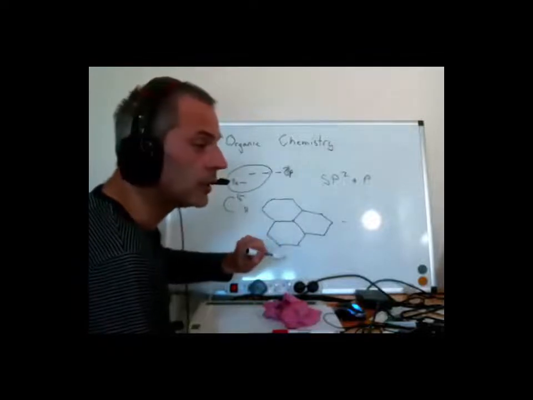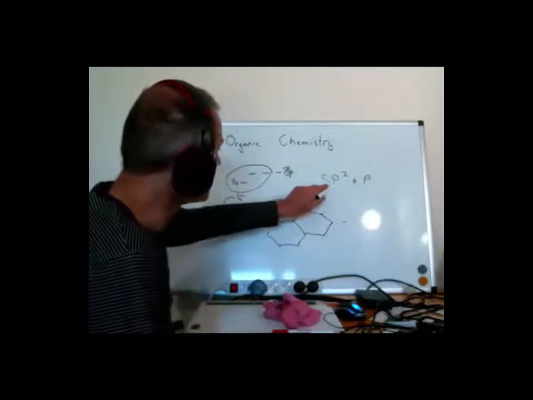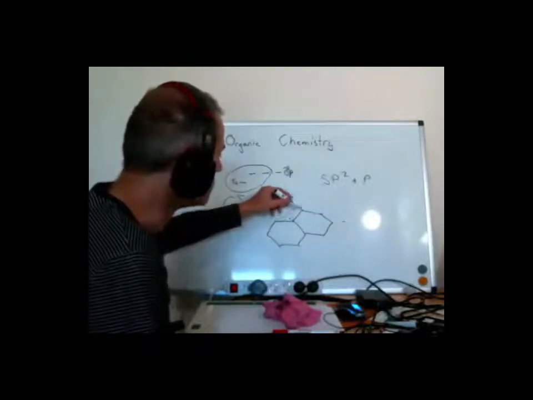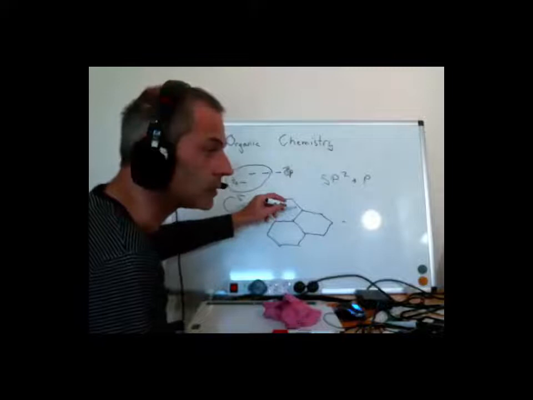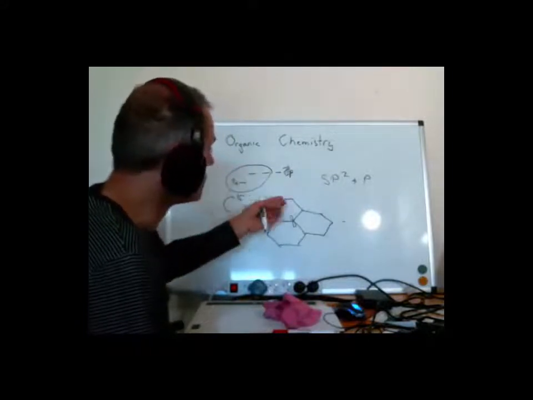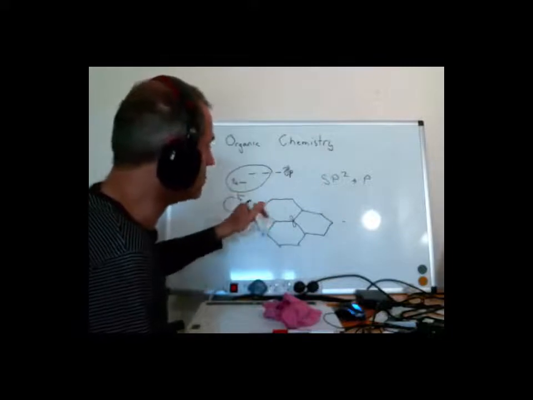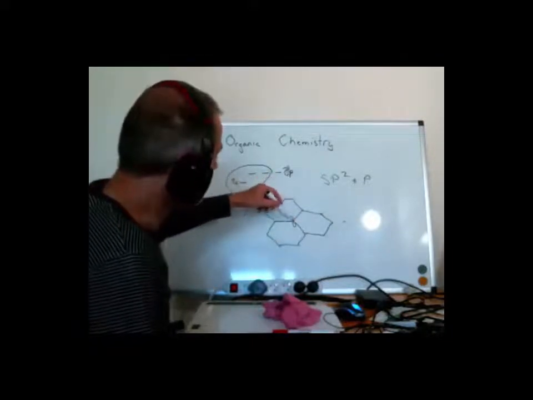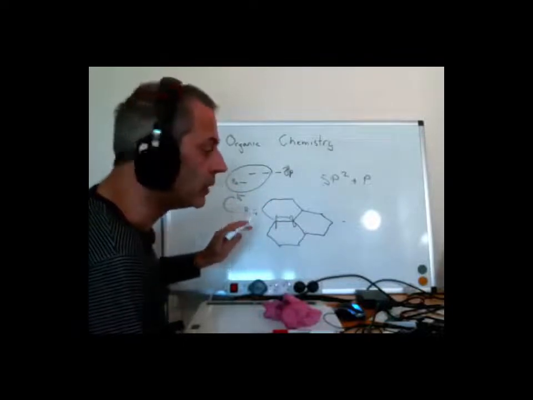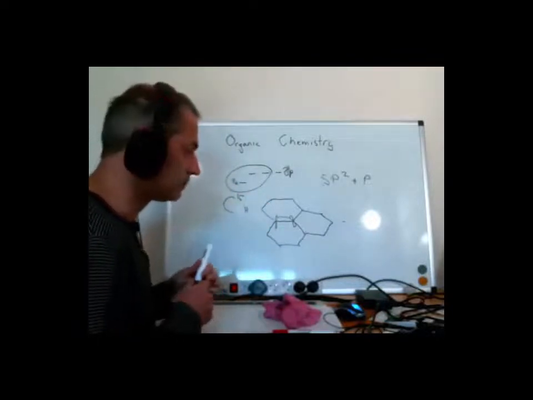Let's have this carbon here. It has 3 sp2 orbitals that are connected to the other carbons, and 1 p orbital, which is sticking out and into the plane, and that's connected to the others in some way, which we will come to later.